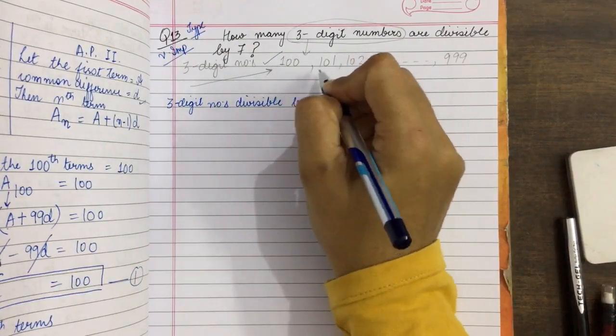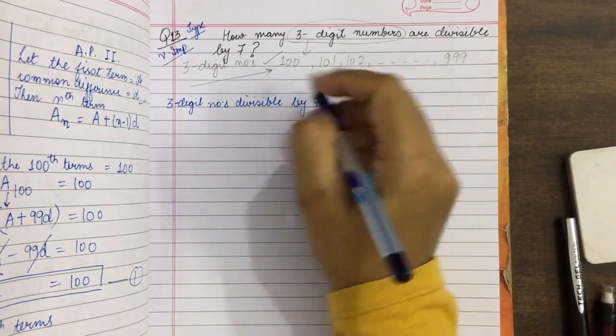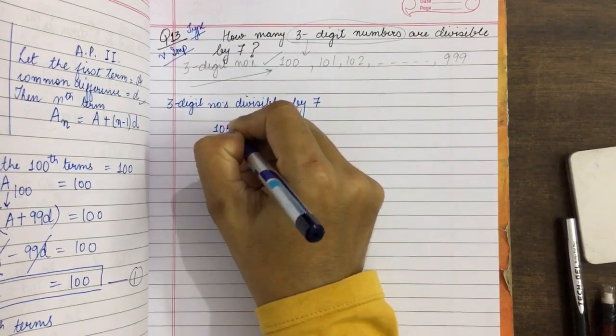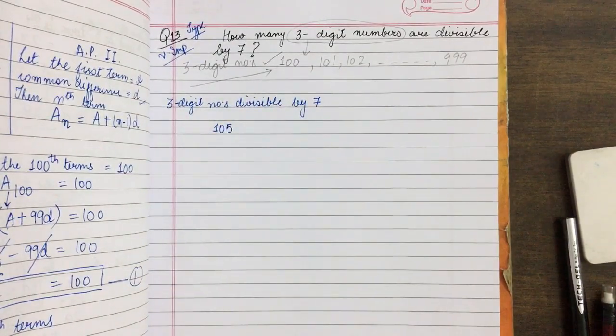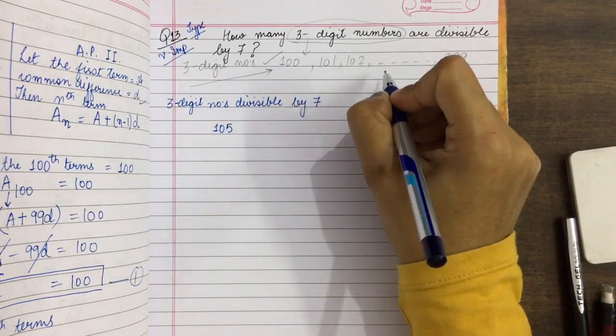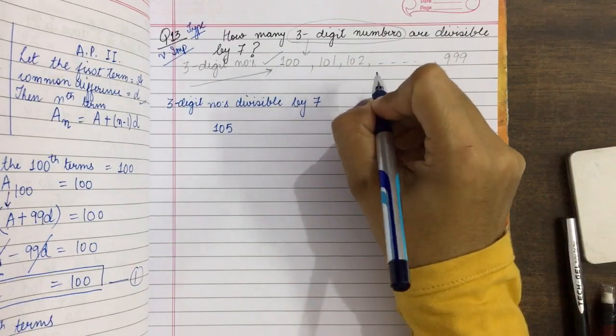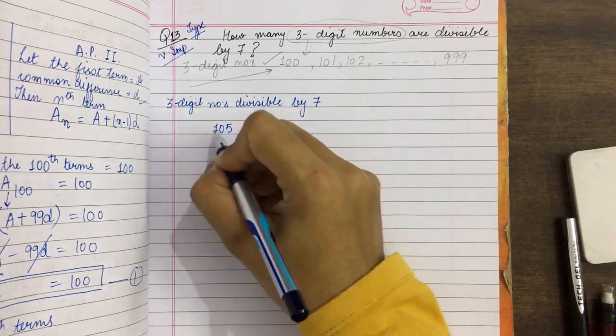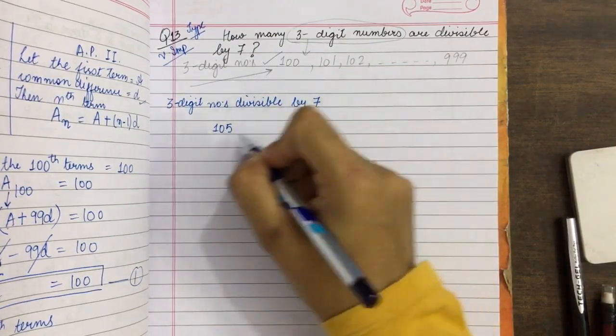If you keep going one by one, you will see that the first 3-digit number which is divisible by 7 is 105. 100, 101, 102, 103, 104 are not divisible by 7. When you reach 105, it will be divisible by 7.